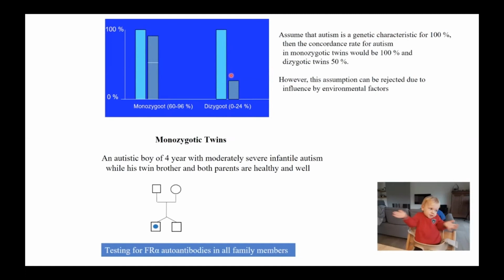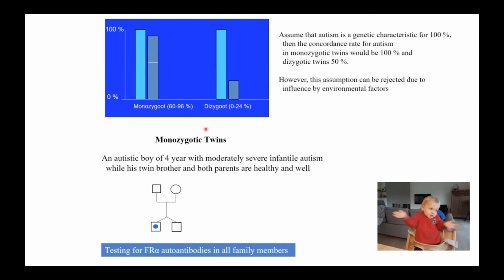However, this assumption can be rejected because there are other so-called environmental factors, whatever they can be, which will diminish the concordance rate for autism, sometimes less in some studies, sometimes more in other studies.